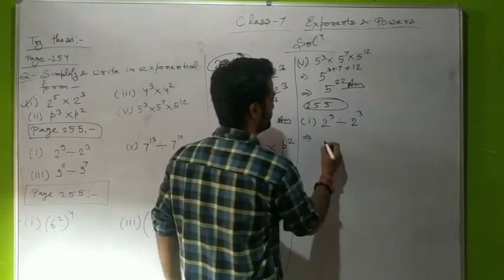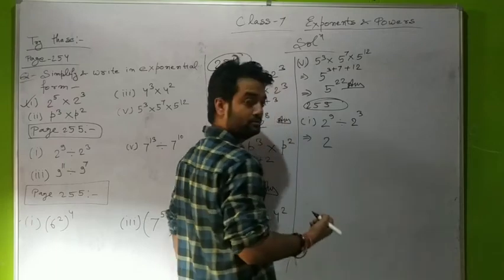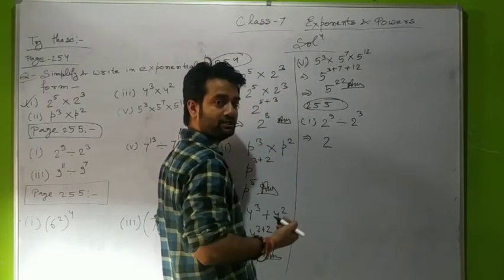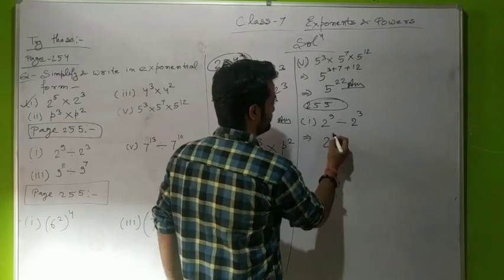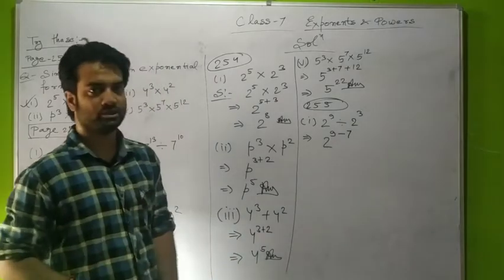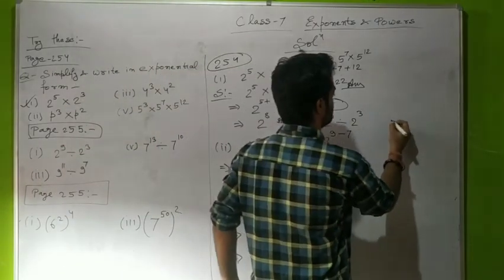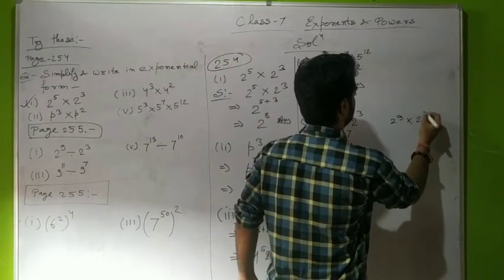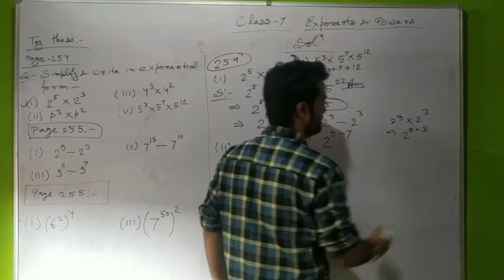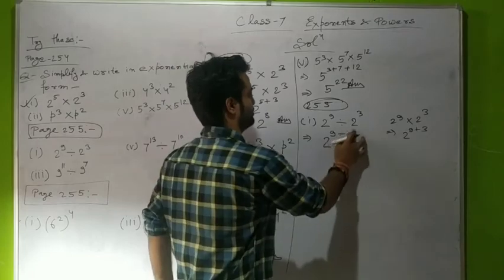So it will be equal to what? 2 raised to the power, think about it, what we studied in our properties. Yeah, exactly. 2 raised to the power 9 minus 3. If in case this was 2 raised to the power 9 into 2 cube, then we would write 2 raised to the power 9 plus 3.